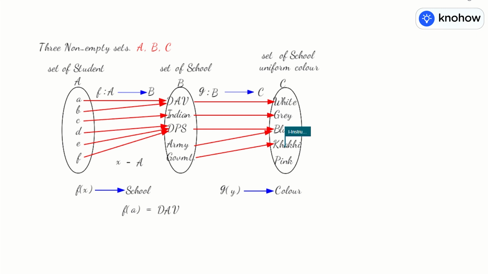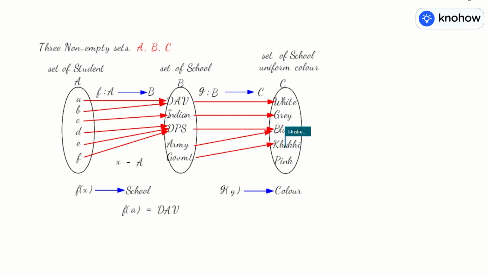So it is very much a function from set B to set C. So I have set this situation, I repeat, that there are three sets A, B, C. A is the set of students, B is the set of schools, C is the set of uniform colors. Each student is assigned a particular school and each school has a particular uniform color.